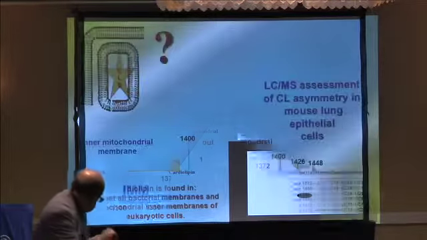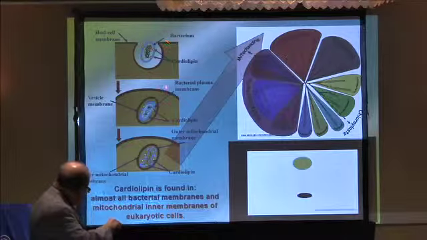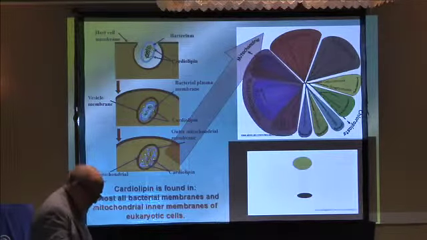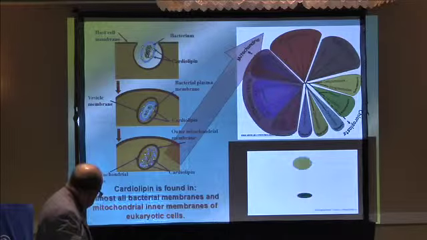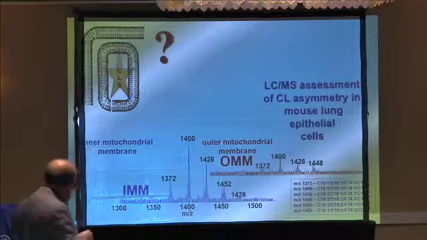Anyway, as a result of this, cardiolipins are present only in the inner mitochondrial membrane, and the outer mitochondrial membrane normally does not contain cardiolipin, or contains it in very low amounts. And so what is the consequence of this?